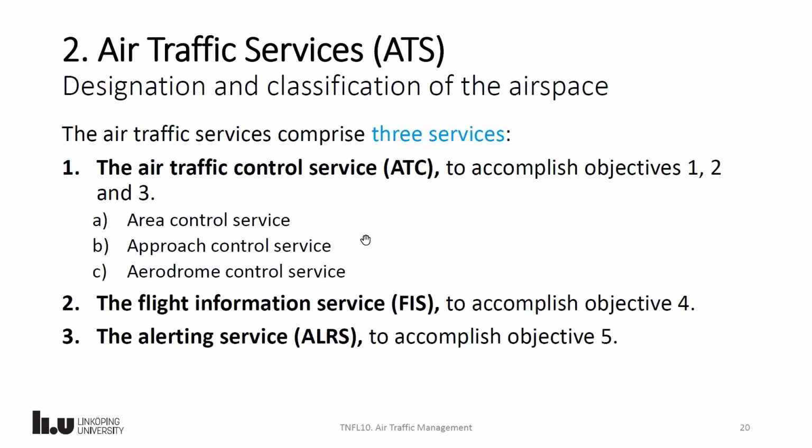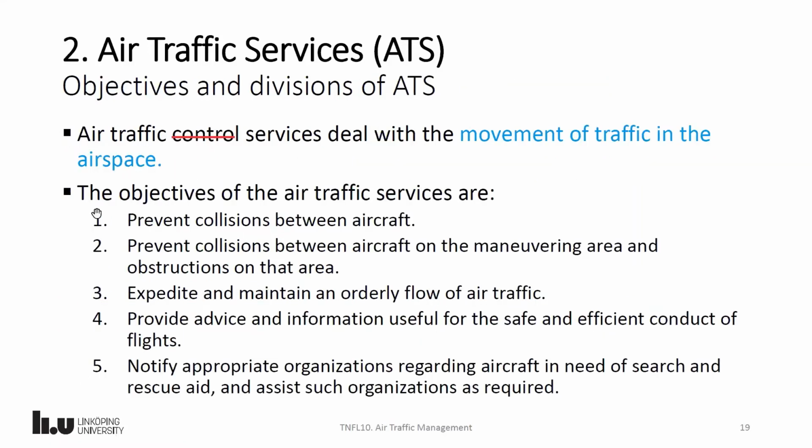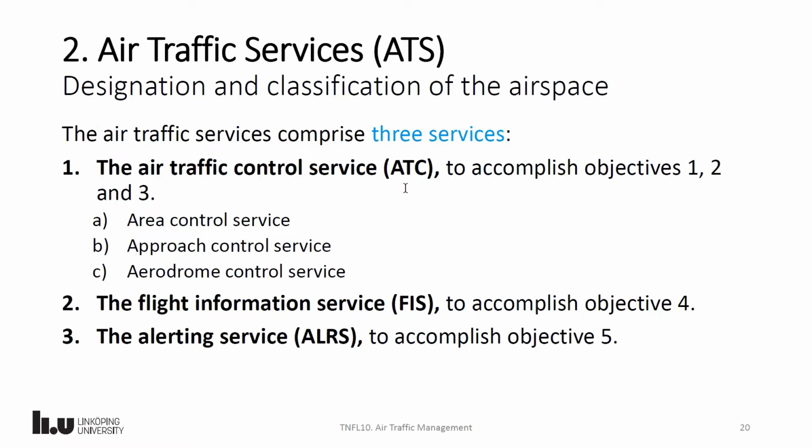So for example, to accomplish objectives 1, 2, and 3, we have the air traffic control service. So let's go back a little bit. Objectives 1, 2, and 3 are prevent collisions, both between aircraft and obstacles, and maintain an orderly flow of air traffic. So air traffic control services do basically that.